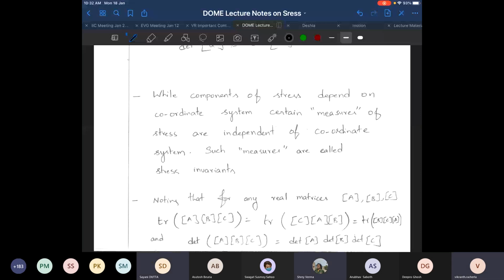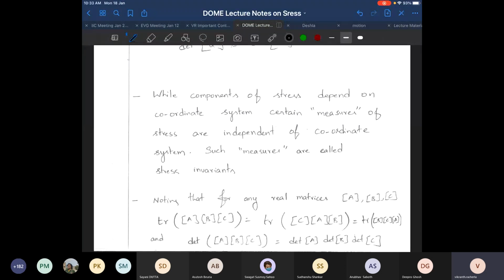Sir, with multi-axial tension or compression, this won't work because the assumption was uniaxial. Okay, so that is one problem. It is not generic in nature; it is specifically for that uniaxial loading case. What else is the problem? Sir, for some coordinate system it can be well within the limit, but if we change that, then it may increase. So for the same loading, if I choose a different coordinate system, I will get a different sigma 11.